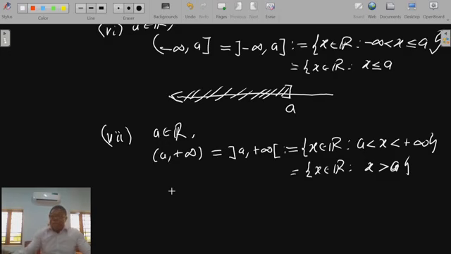In that case, we'll be talking about what we call extended real numbers, but for now, that is above the scope of what we are discussing. Now, the next one is what I call VIII.